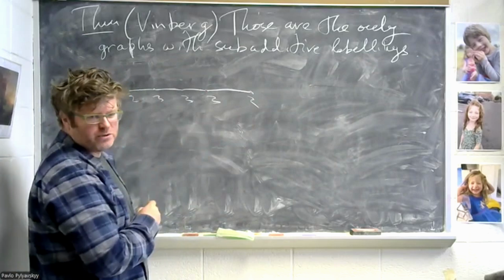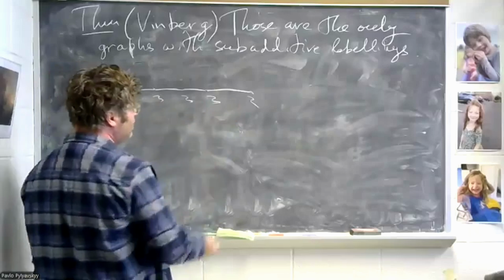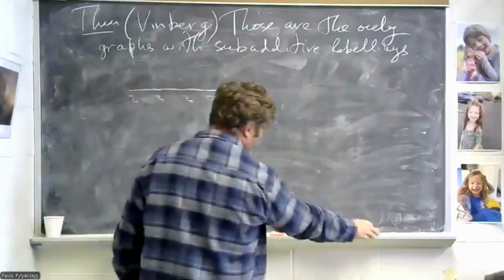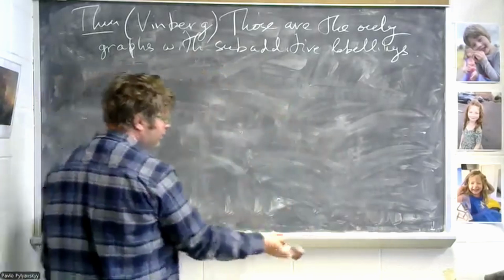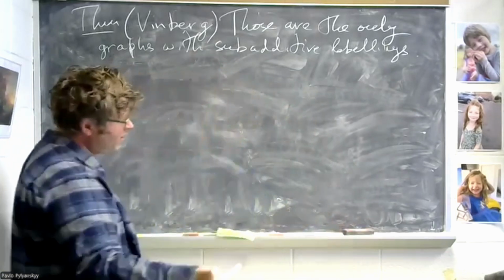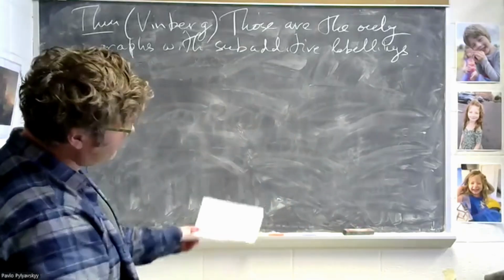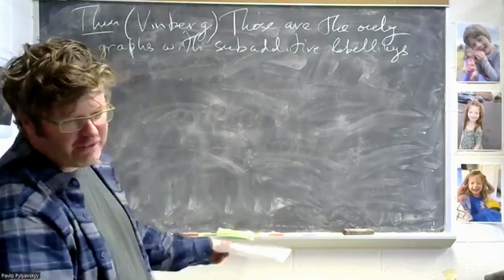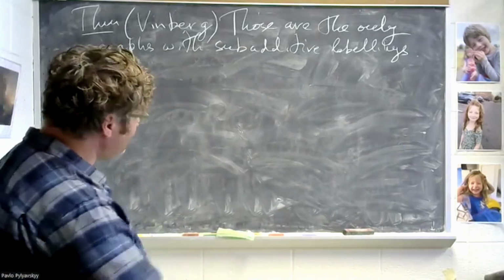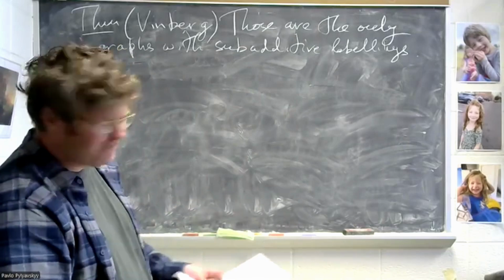Yeah, I think you can always just do that: 2, a bunch of 3s, 2. The harder part, of course, is to prove that nothing else works. So there are two parts. Why do those graphs work? Why do they have subadditive labelings? We need to think a little for E8. What is the subadditive labeling for E8? But the harder part is, of course, why nothing else works. Why are they the only ones?